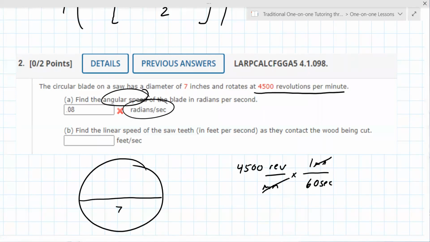And the radian part, 1 revolution is 2 pi radians. So 4,500 times 2 pi divided by 60.